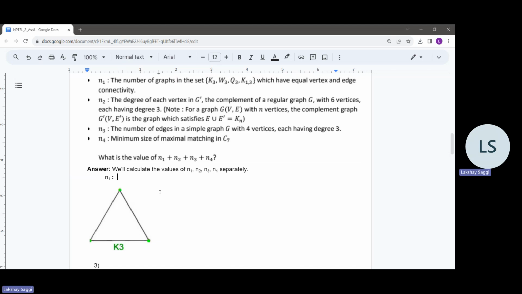So while calculating N1, we'll first see the graph K3.